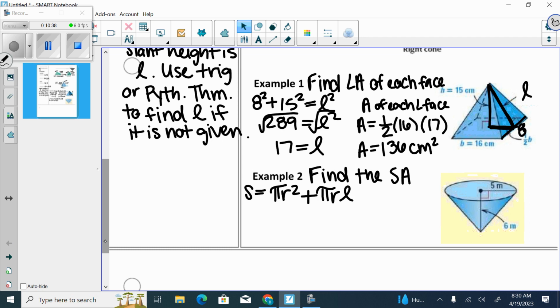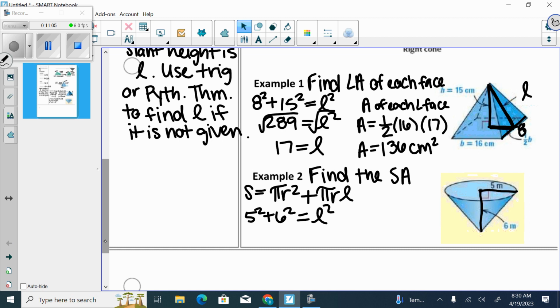We have something for r, but do we know the slant height? How could we find the slant height? Pythagorean theorem again, right? So I know this piece is 6, I know this piece is 5, and I'm looking for that outside edge there. So I'm going to have 5 squared plus 6 squared equals my slant height squared.